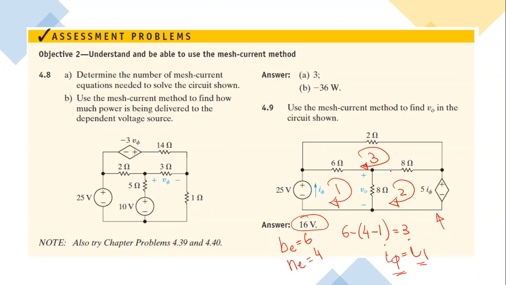As you see, V node is equal to 8 multiplied by what? What do you think? It is I1 minus I2.